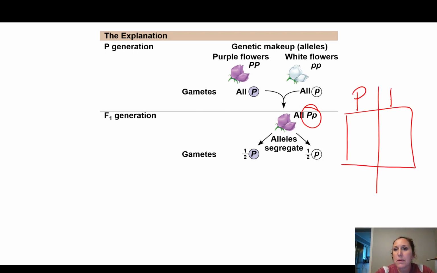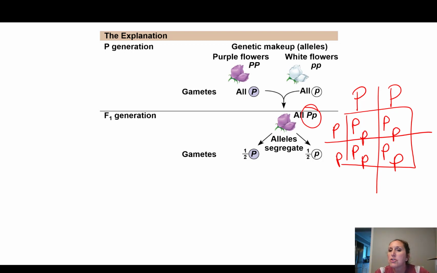This guy's got a big P, big P, and this one has little p, little p. We're going to cross them. So first I drop down my dominant trait. Okay, I always put my dominant allele first, and then the recessive trait across. And we can see that we have 100% probability of having heterozygotes, big P, little p, all right?